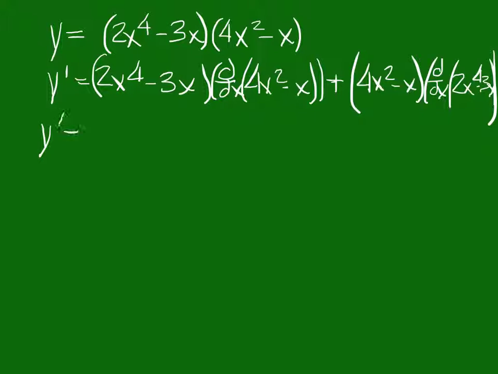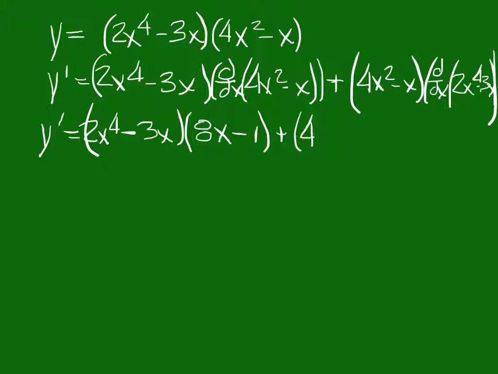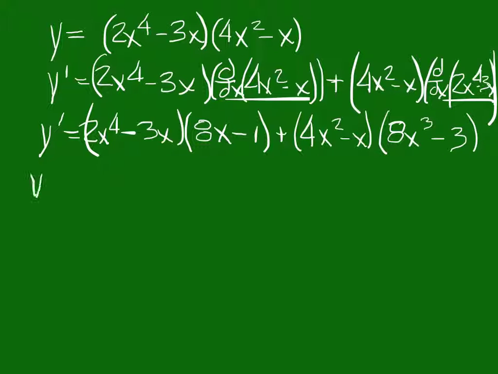Alright, so 2x to the fourth minus 3x stays the same, and then 8x minus 1 is the derivative of this term, and then we need 4x squared minus x to stay the same, and now the derivative of this term is 8x to the third minus 3. So now we have to multiply.